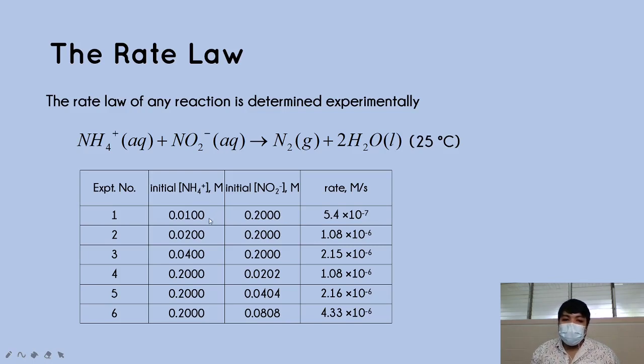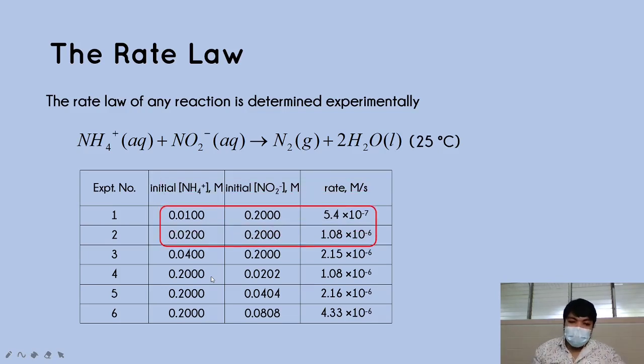What is varied is the initial concentration of your ammonium ion. Now for experiments 4 to 6, it is the initial concentration of your ammonium ion that was held constant, and obviously the temperature. Then you vary the initial concentration of your nitrite ion. Now let's examine experiments 1 and 2.